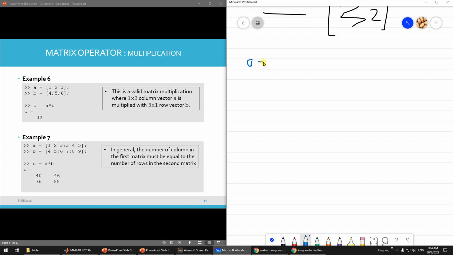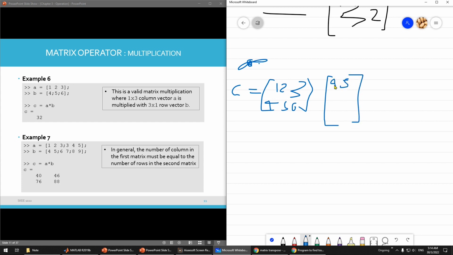So C is equals to 1, 2, 3, 4, 5, 6, and then multiply by 4, 5, 6, 7, 8, 9. Okay, 4, 5, and then semicolon, new line, 6, 7, and then new line, 8, 9.